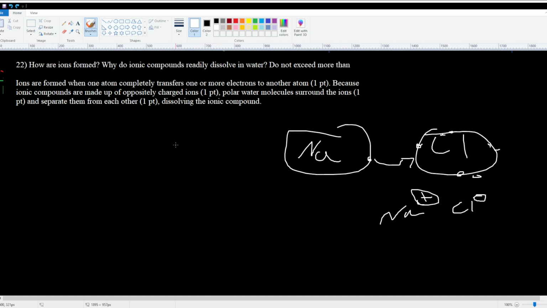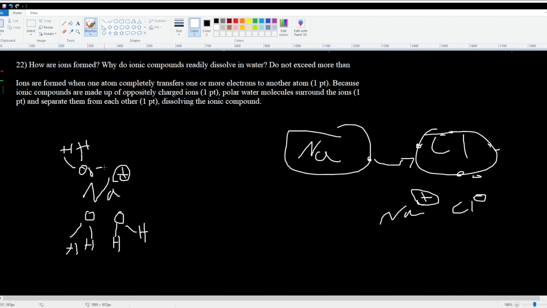So let me show you what this looks like. If we have an ion of sodium, what's going to happen is that in solution, water is going to surround it, because the oxygen of water has a partial negative charge.